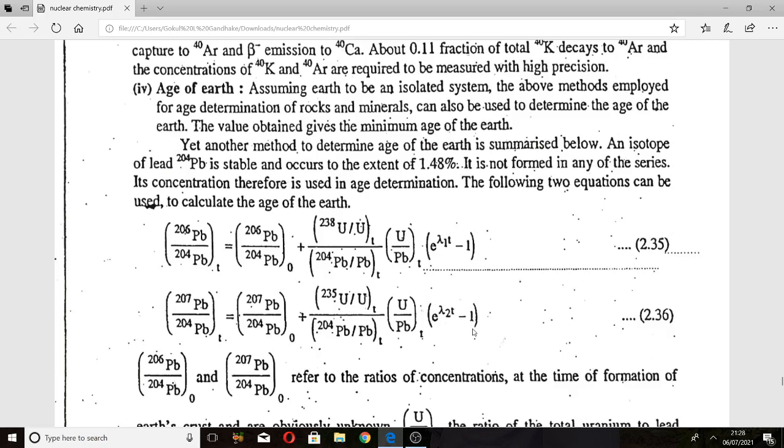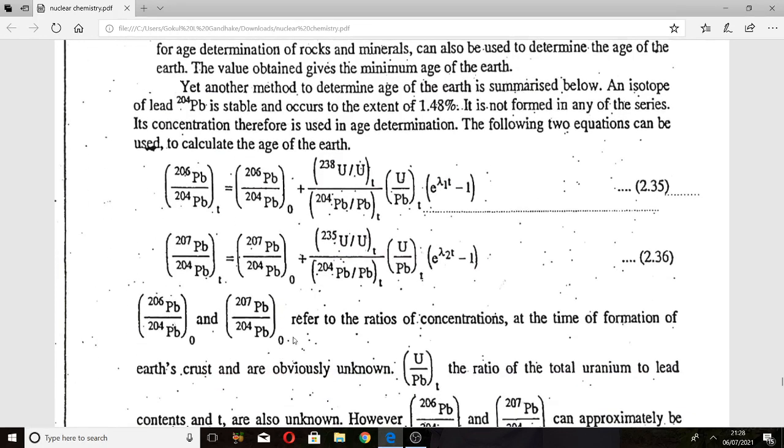And we also know what lambda 1 and lambda 2 are. Lambda 1 is the decay constant of uranium 238, and lambda 2 is the decay constant of uranium 235.